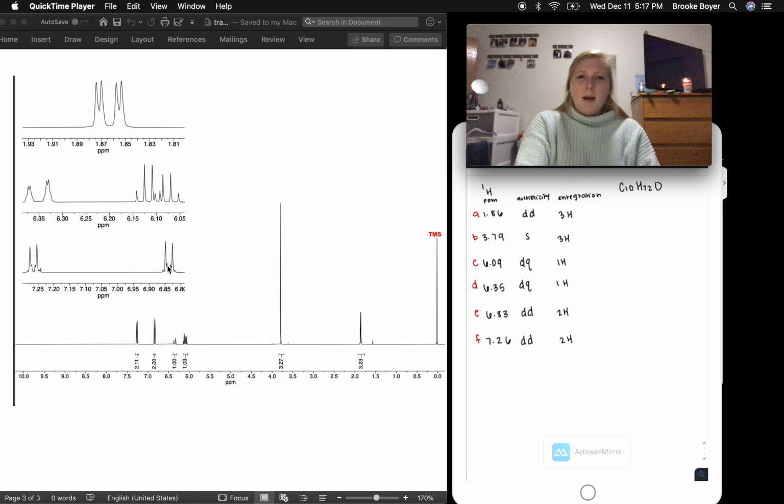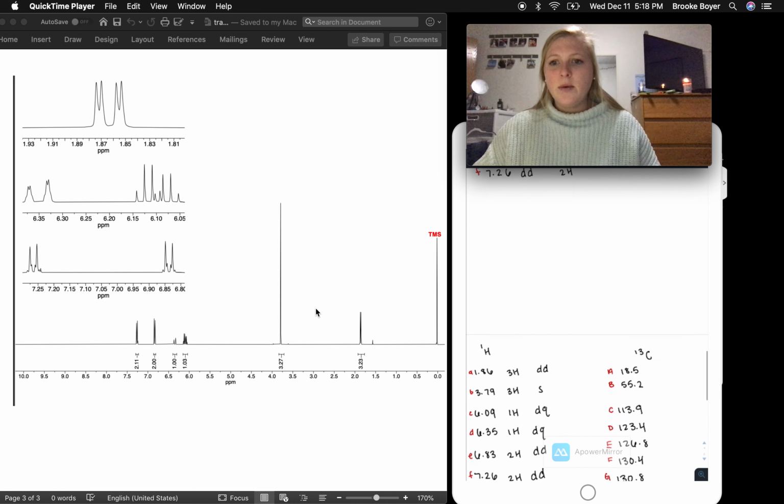Since each of these counts for 2 hydrogens and they look very similar, I'm thinking they could be the hydrogens off the benzene ring because they have a high chemical shift. These 4 peaks could be part of the benzene ring or alkene, but since these are the highest chemical shifts, I'm thinking these 2 are the hydrogens off the benzene ring, which would also imply symmetry since there's an integration of 2.